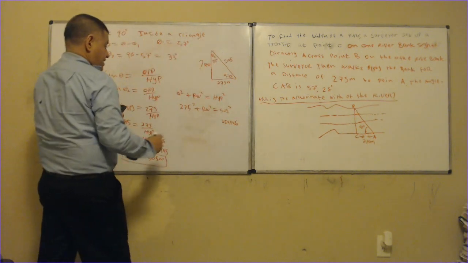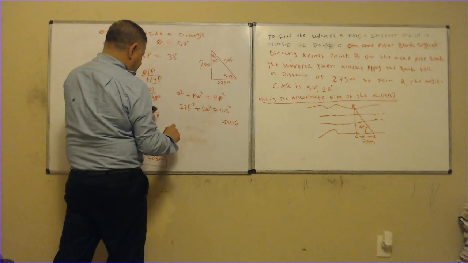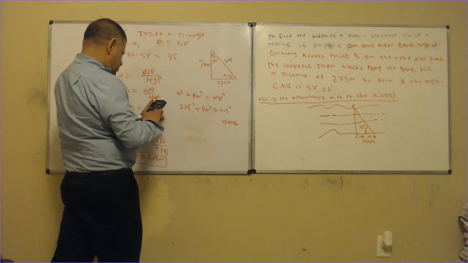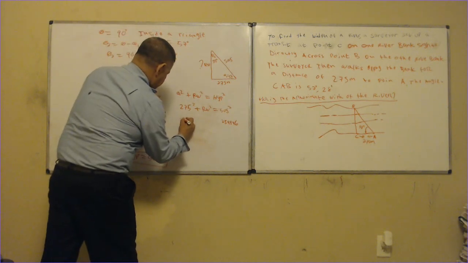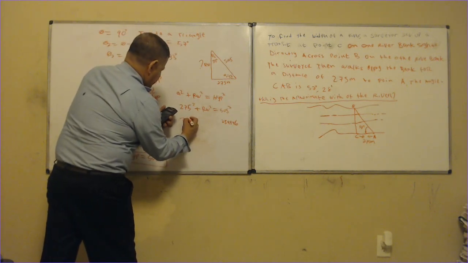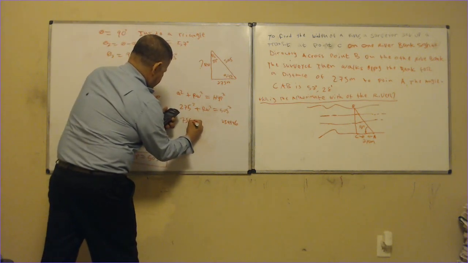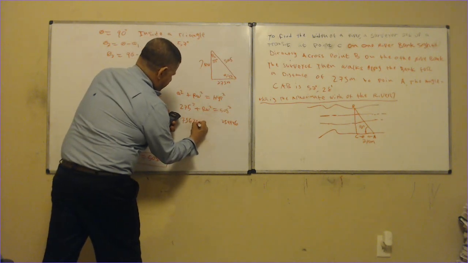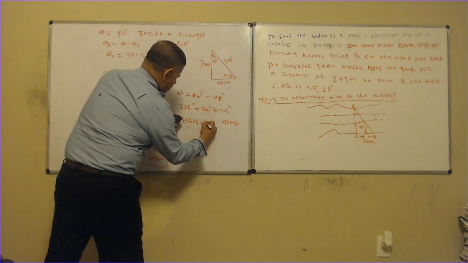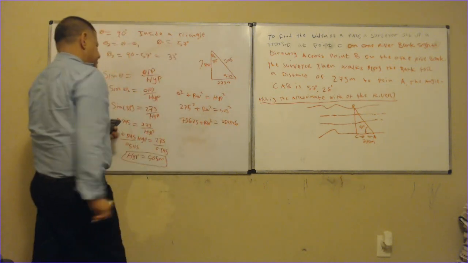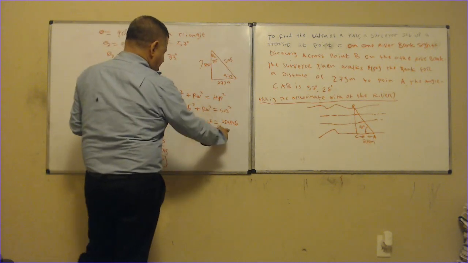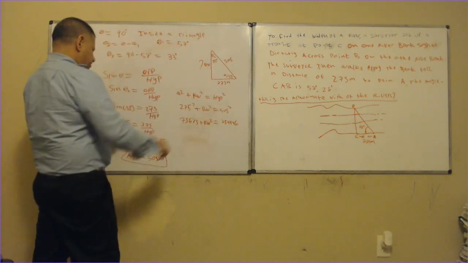And right here, 275 squared is equal to 75625 plus r squared, and the r squared is the one that we're trying to find, right?